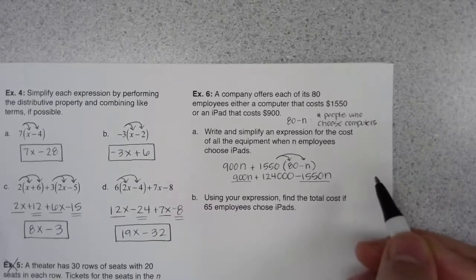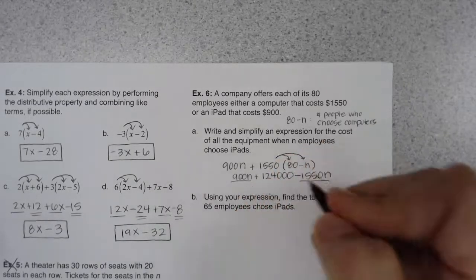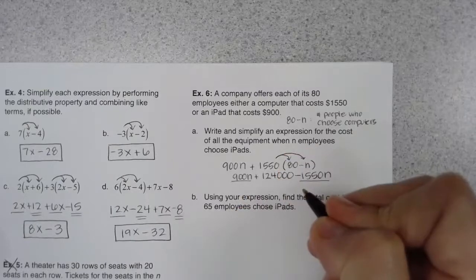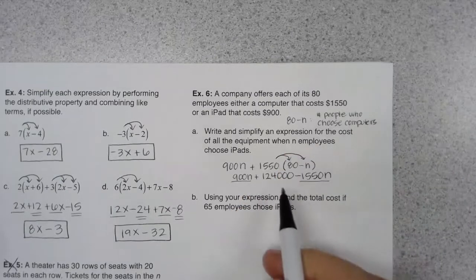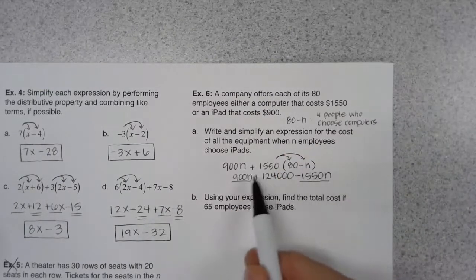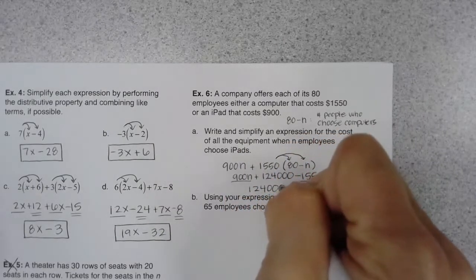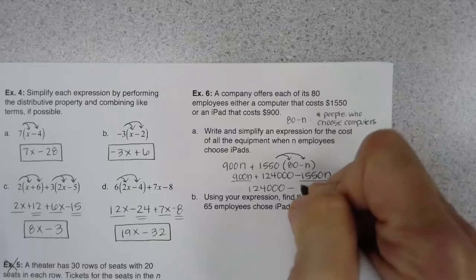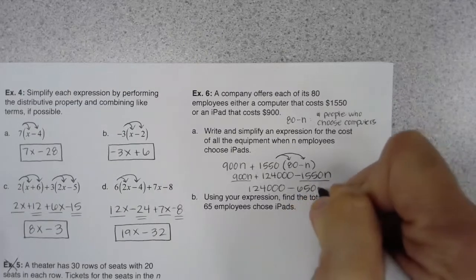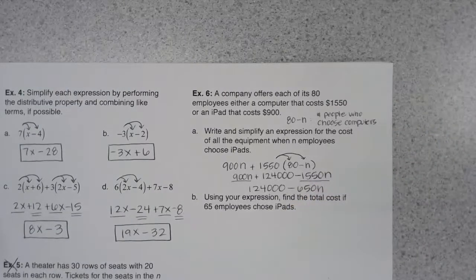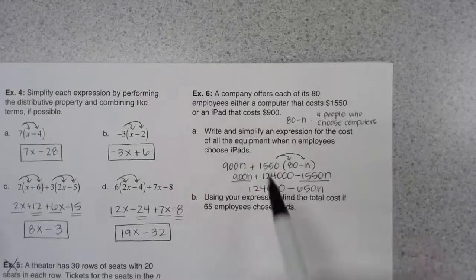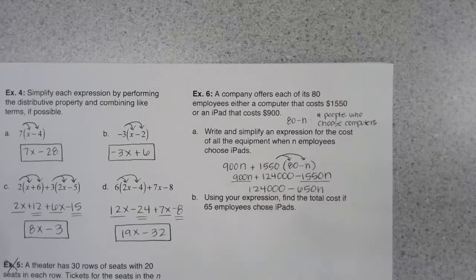Those two can combine together. So it's going to be, let's see, you can write this either way. You can put the value with the n first, or you can put it second. In this particular example, it would be more common to see it written this way, which is opposite from what was stated earlier in terms of standard order, but either way it'll work. So this would be the answer for A, the simplified expression for when n employees choose iPads.